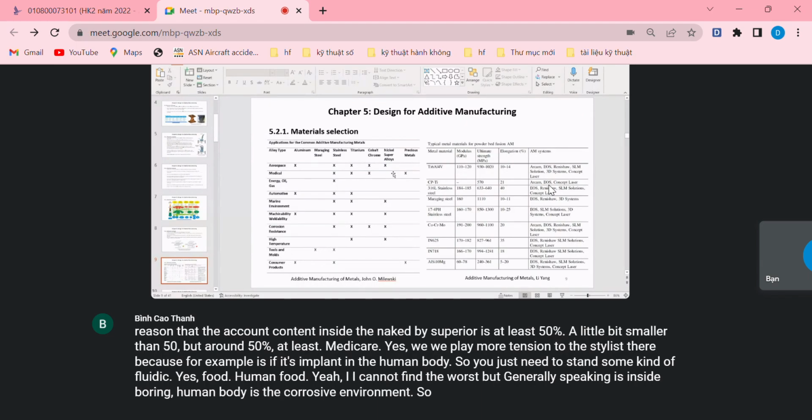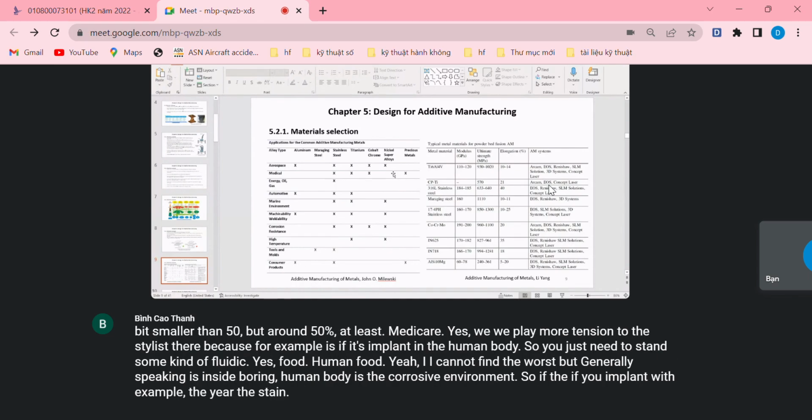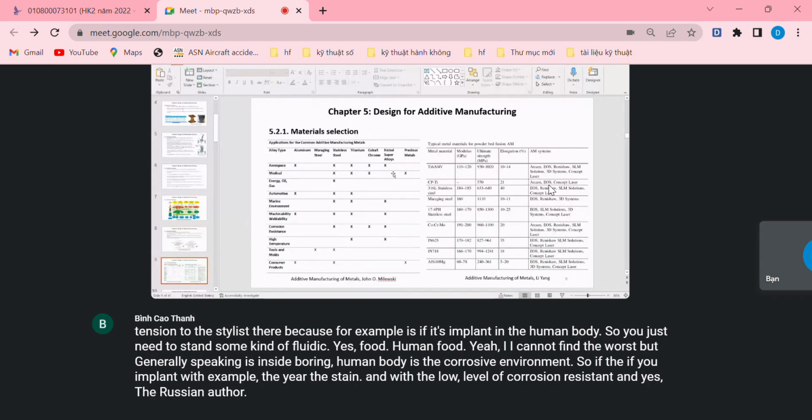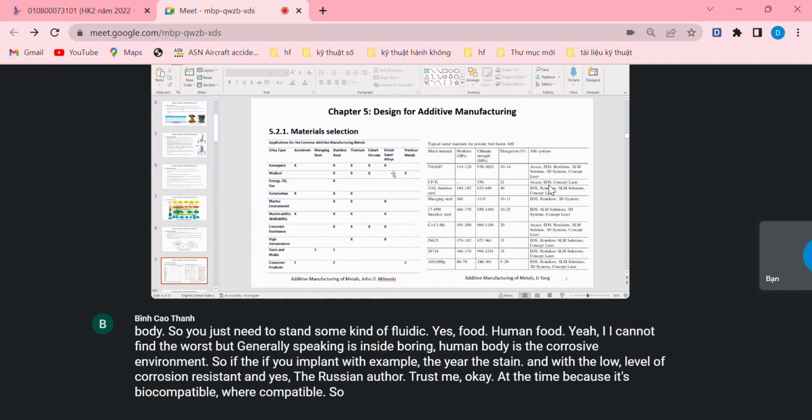So if you implant something with a low level of corrosion resistance, rust will occur. Titanium is biocompatible, so generally speaking, it is compatible with the human body.